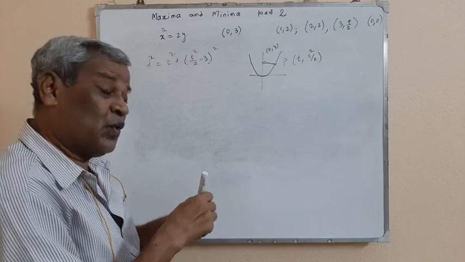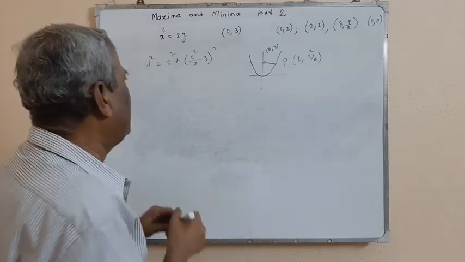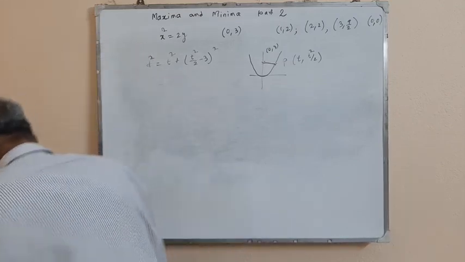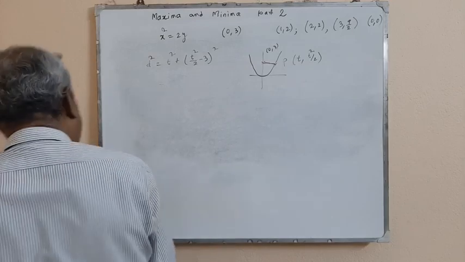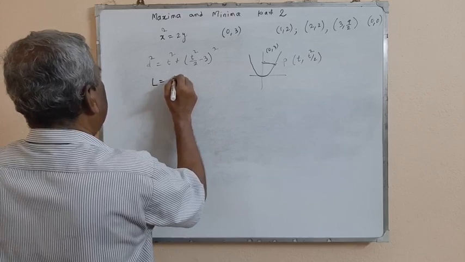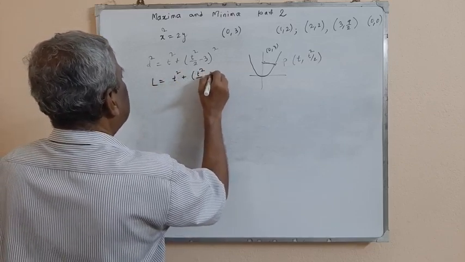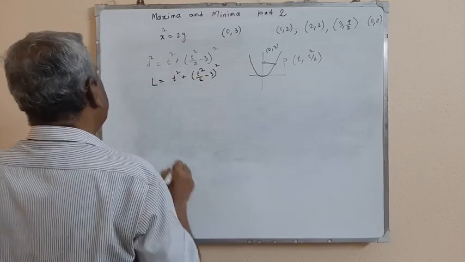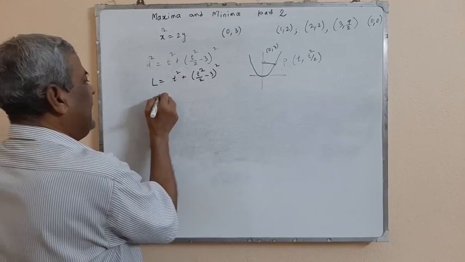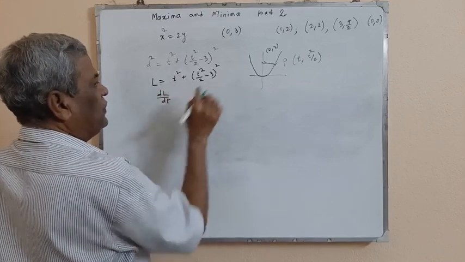If the distance is minimum, the square of the distance will be minimum. Let it be L. L is equal to t square plus t square by 2 minus 3 whole square. To find its maximum or minimum value, we take dL/dt, because L is a function of t only.